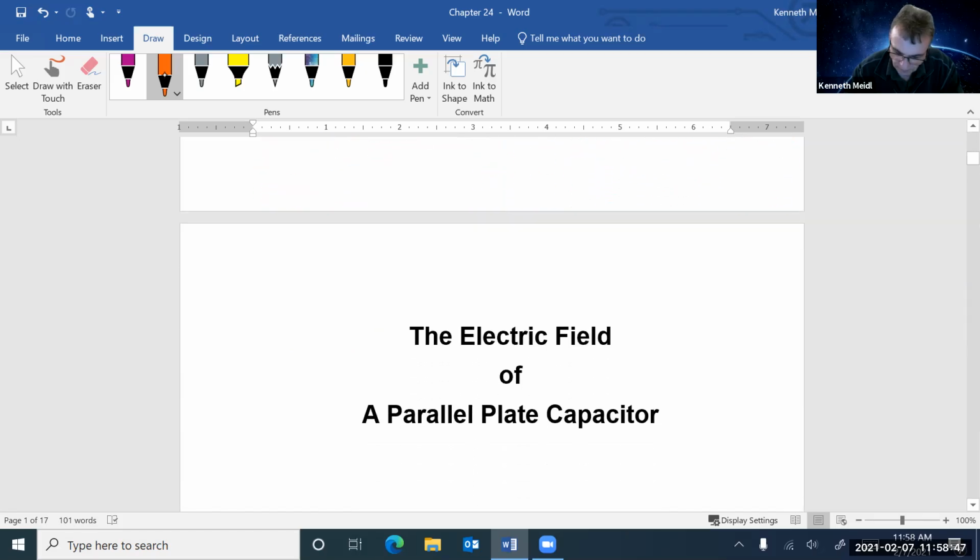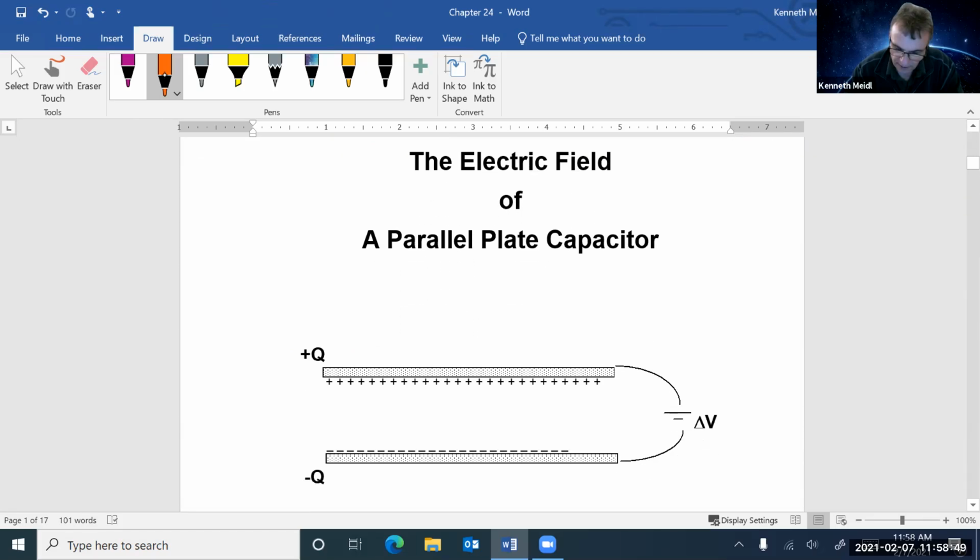So, the electric field of a parallel plate capacitor, there are a number of ways to go through and do this. But a typical way would be to get your Gaussian surface in here and put it right inside the piece of metal here. When you do this, you really have two end caps, and then you have the round part of your Gaussian surface.